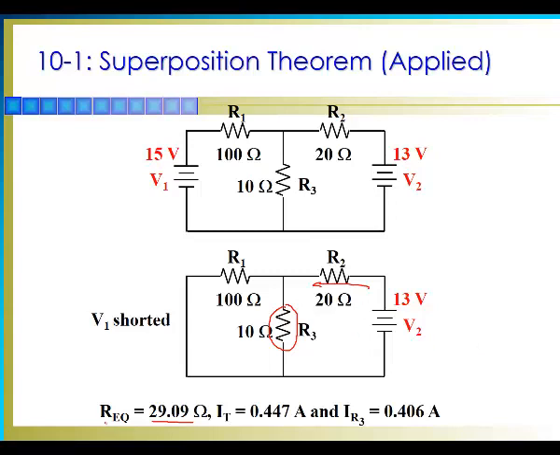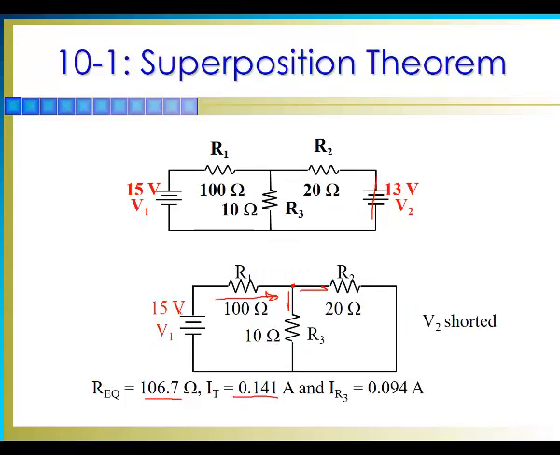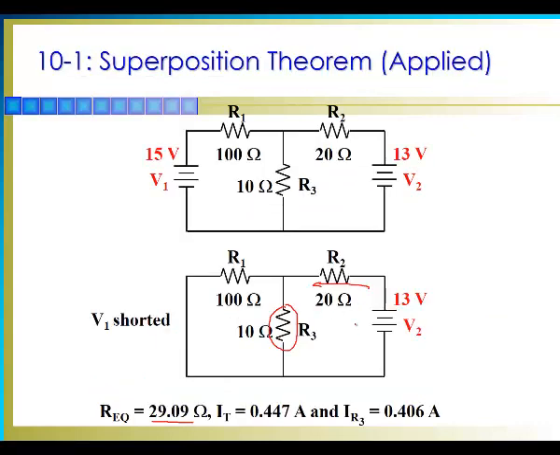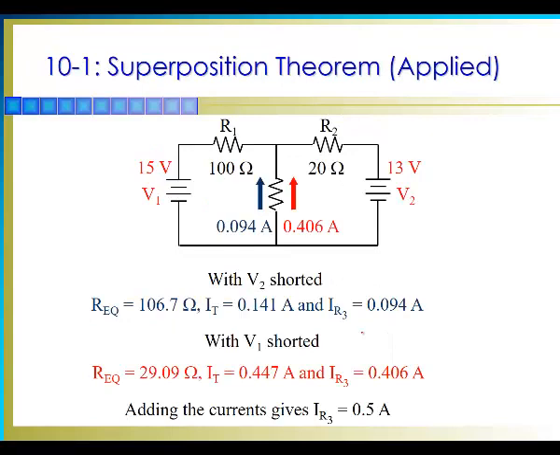So now we have the equivalent resistance, we have the total current, and we have the current on resistor 3 in two different versions, when we utilize source 1 and when we utilize source 2. So at the end, we take both results and we add them together. So here are the results with source 2, and here are the results with source 1.